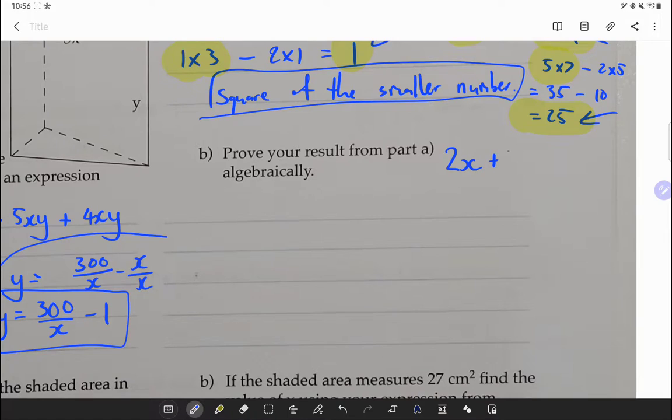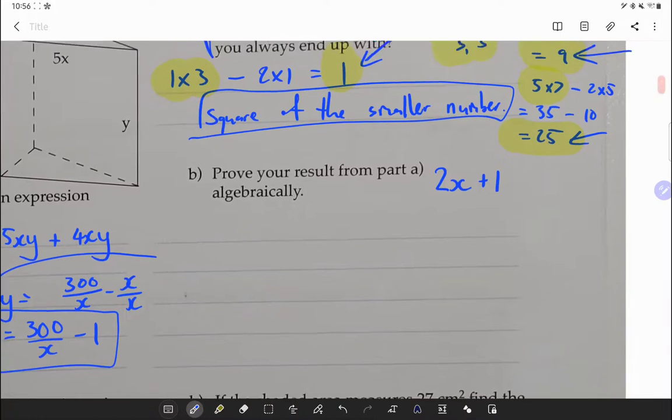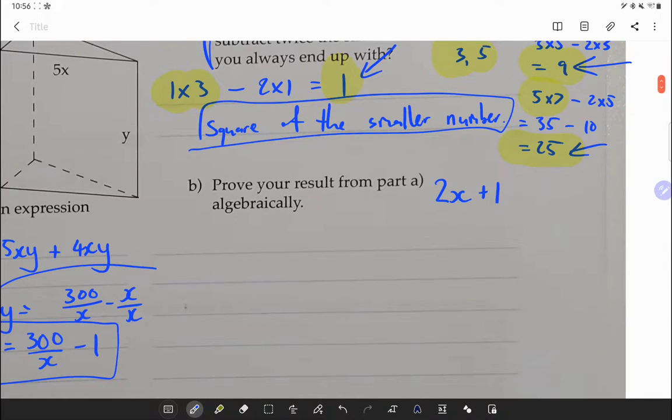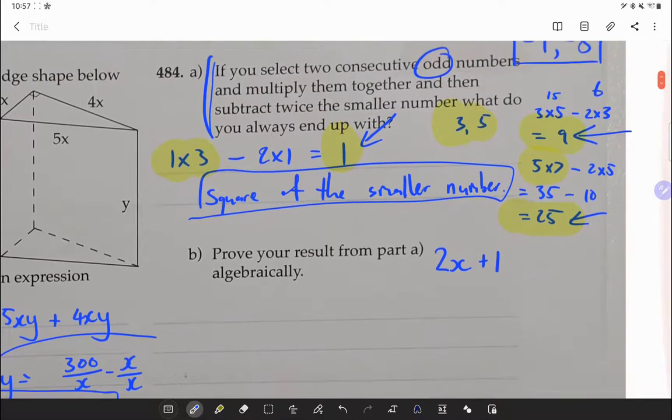Now, an odd number, this is how we write it. It's 2x, for whatever x is, some whole number, plus 1. And we can say any odd number using that expression.